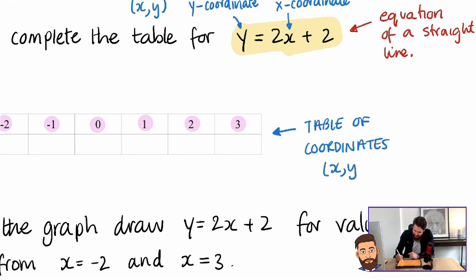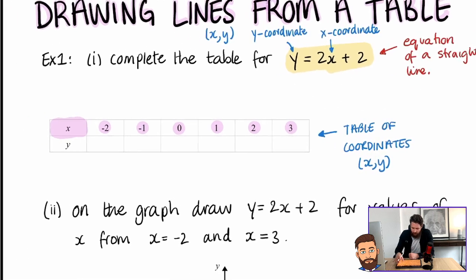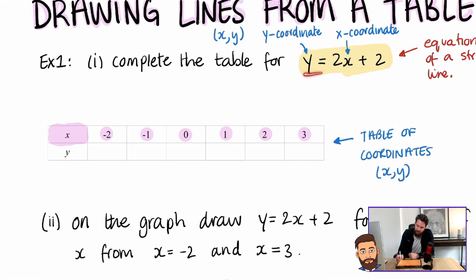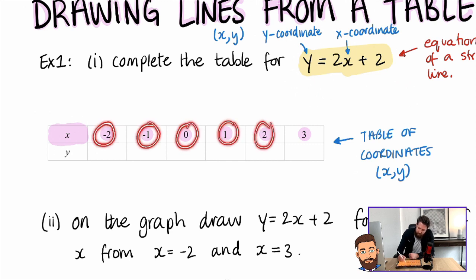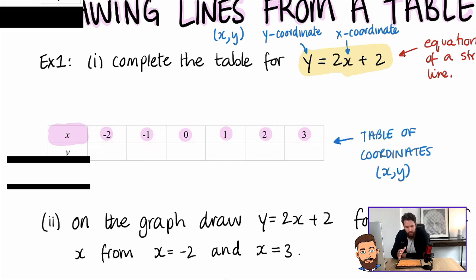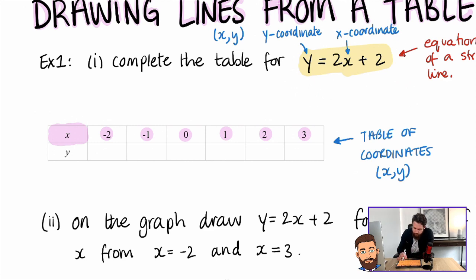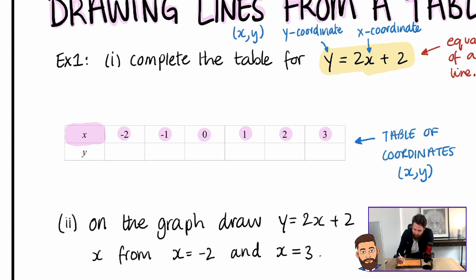Because it's x and y, and we know coordinates are written as x and y. So let's have a look at how do I use my equation. They've told me that they want me to fill in -2 as x, -1 as x, 0 as x, 1, 2 and 3 as x. So I need to do that step by step for each of these numbers. So if we focus on the first part, let's have a look. What does y equal?